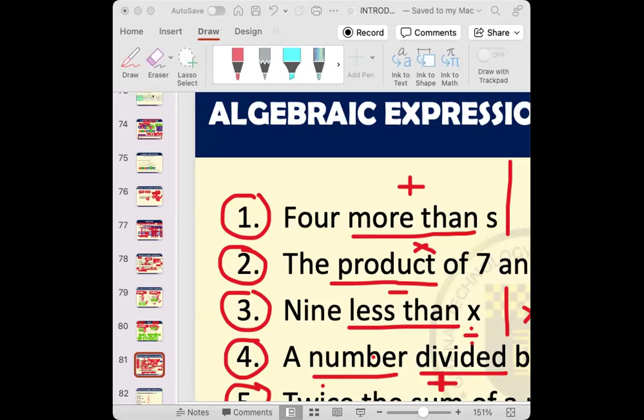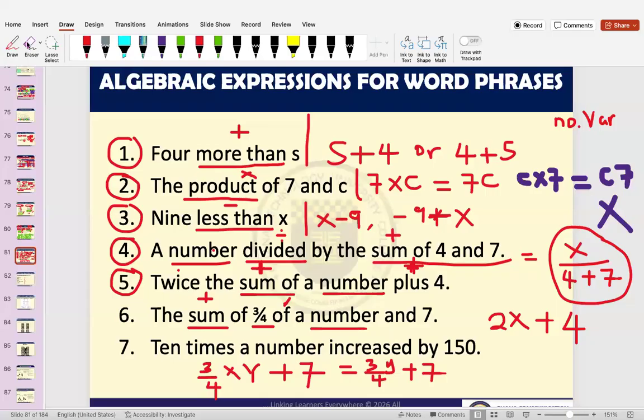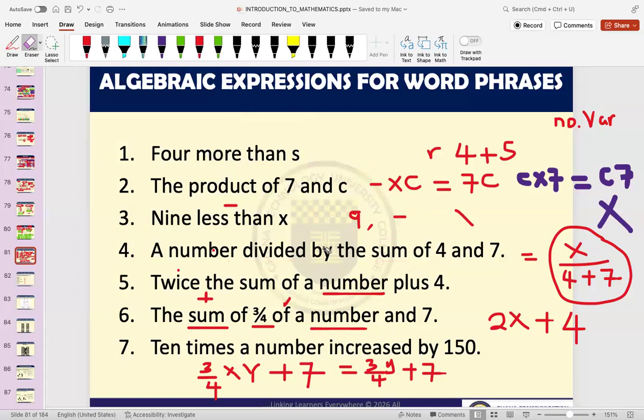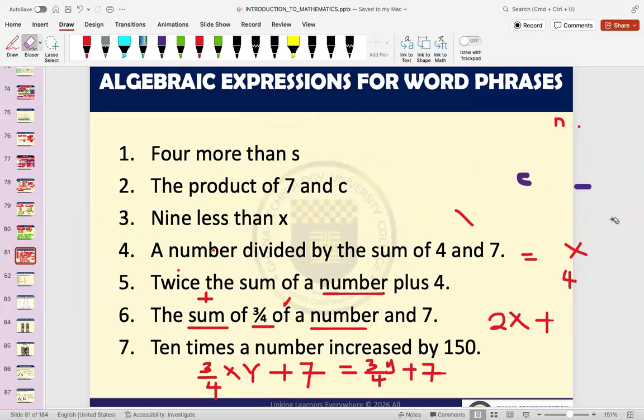Okay, so let's go back to the sum of 3/4. I think this place is too untidy. Let me clean this side so I can move up, and then we can write them. So we are going to have two terms for that question.